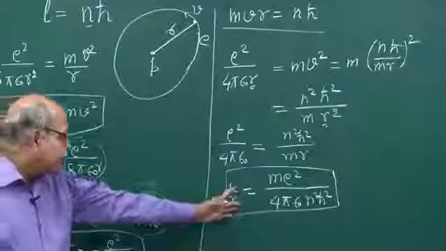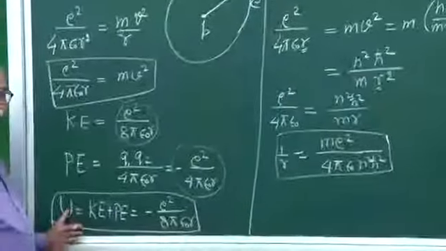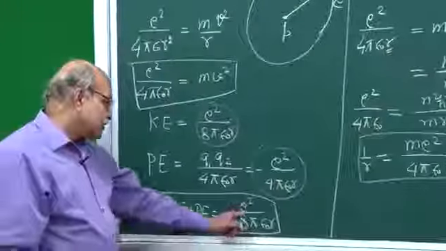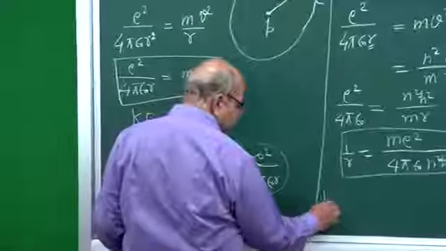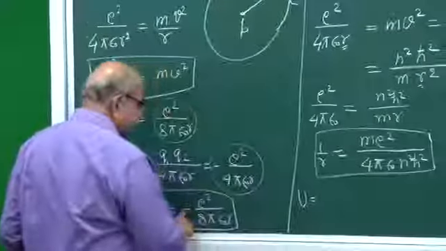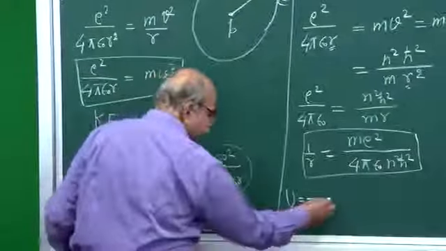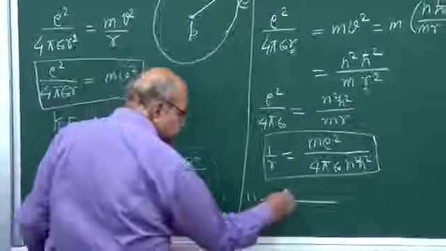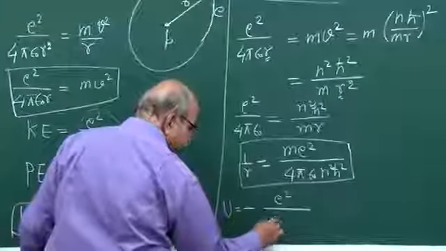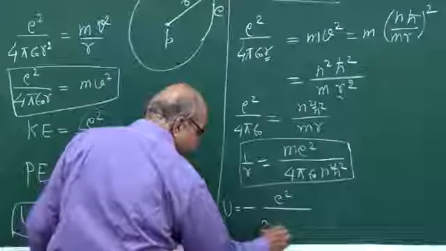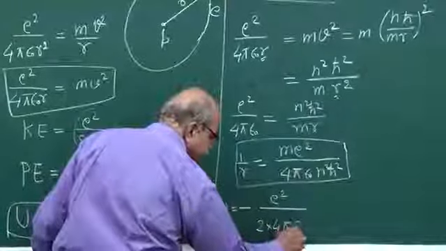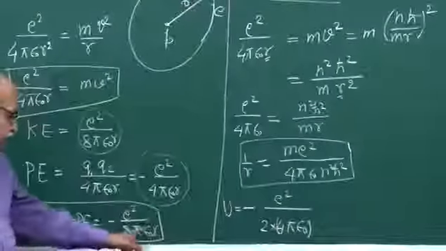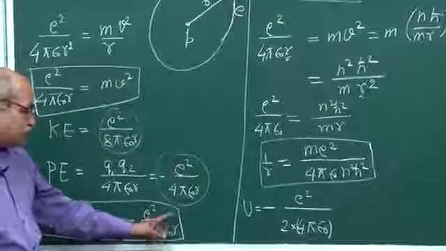And put this 1 by r in the expression for the total energy. So the total energy U is minus e square over 8 pi epsilon naught, which I write as e square over 2 into 4 pi epsilon naught, multiplied by 1 by r.